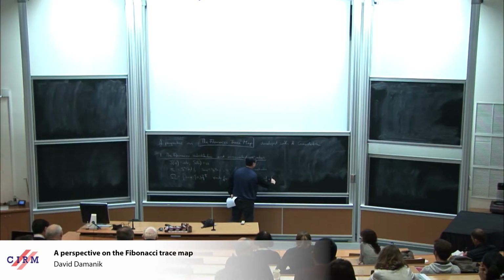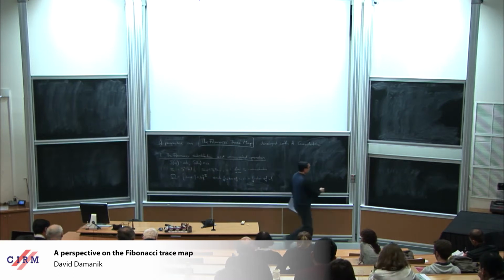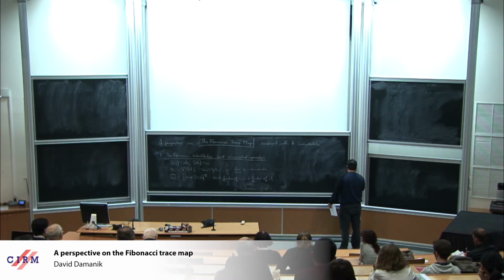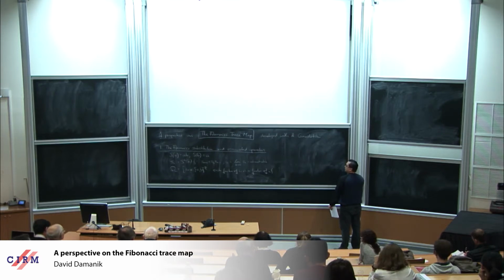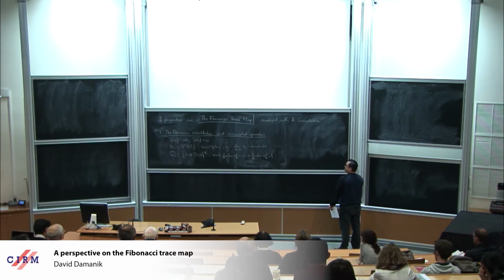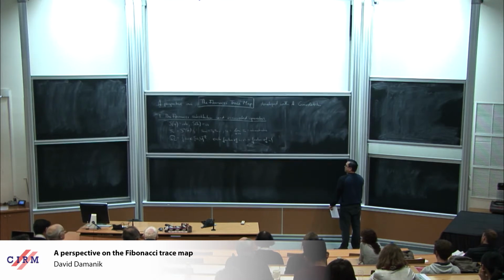And in fact, by uniform recurrence, the set of factors of omega is equal to the set of factors of u, not only contained. Okay, so that's the Fibonacci substitution, the Fibonacci substitution sequence, and the Fibonacci subshift.